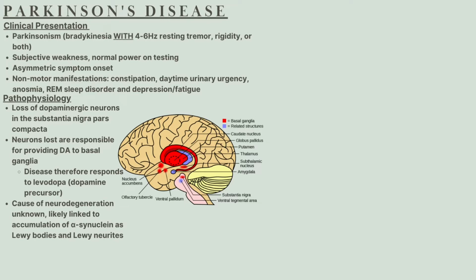The cause for the neurodegeneration is not known, but it is believed to be related to the accumulation of alpha-synuclein, a key neuronal protein, in both the neuronal cell body and the neuronal processes, forming Lewy bodies and Lewy neurites. Further, it's also important to note that there are other neurons related to the basal ganglia that are affected in Parkinson's, so it's not just the dopaminergic ones.